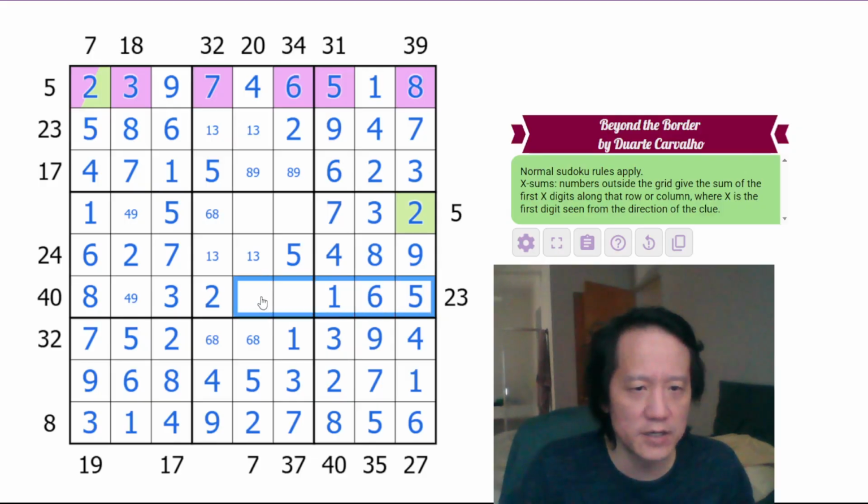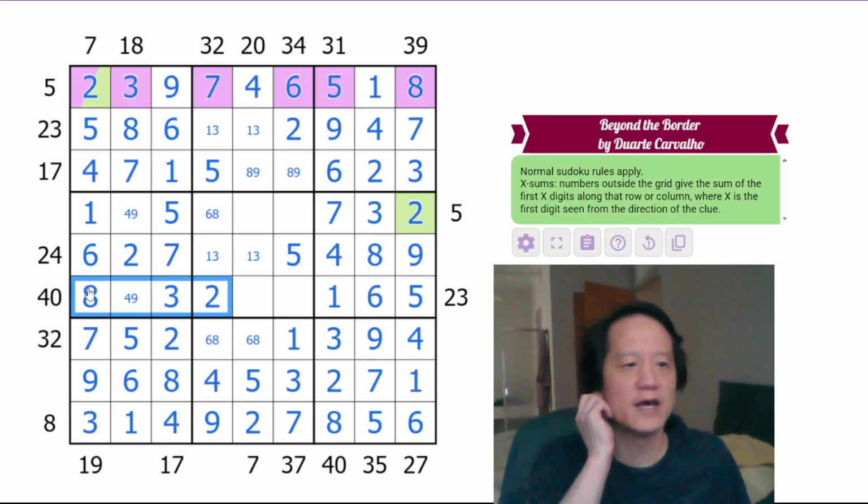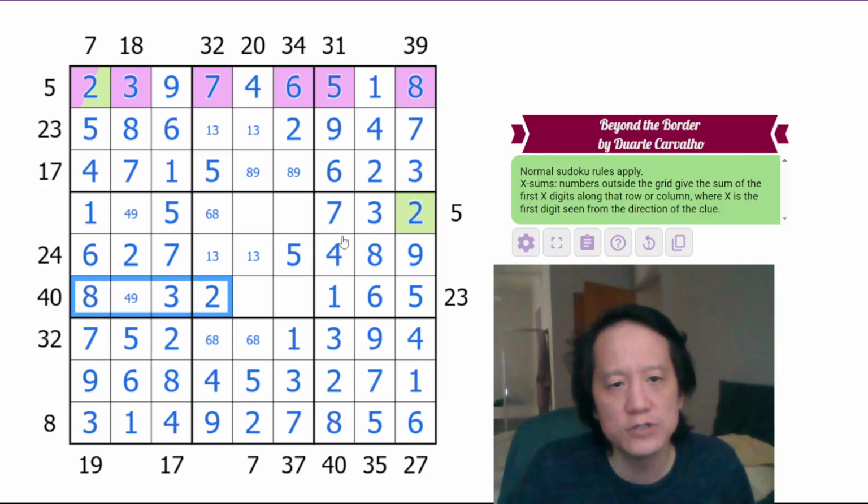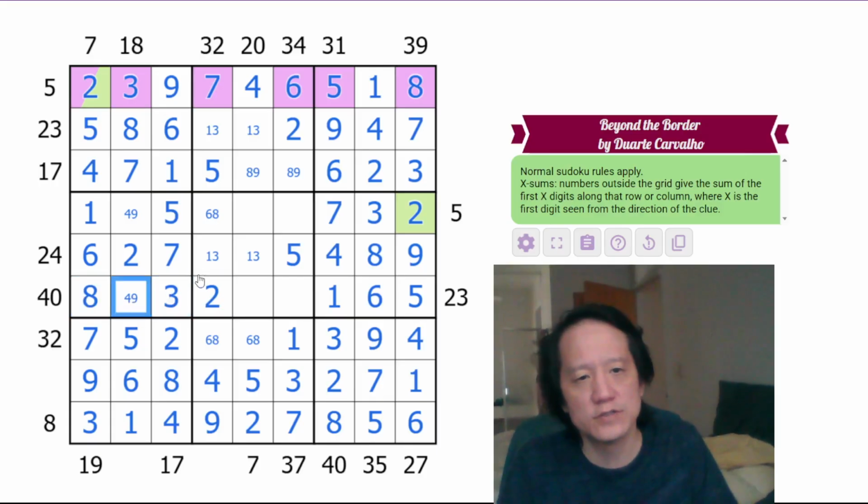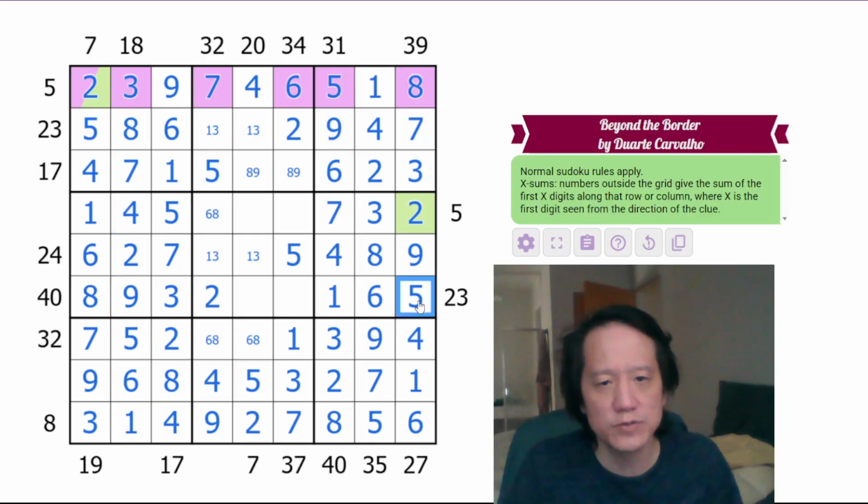Okay, so this is not yet done. That means the last 4 digits must add up to 22. So we have 12 and then, so 22 minus 10 is 12. So this is 3 and 9. So this is 3 and 9, which makes this 4. So this is now done.